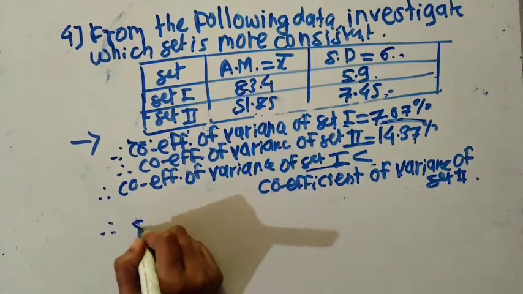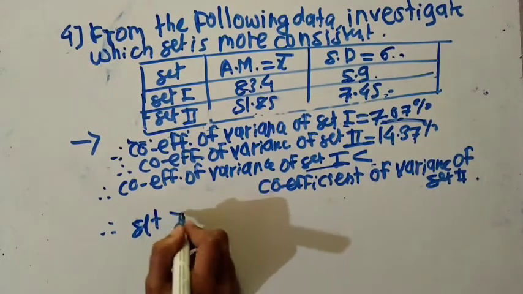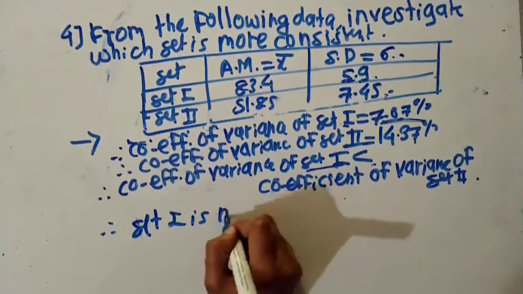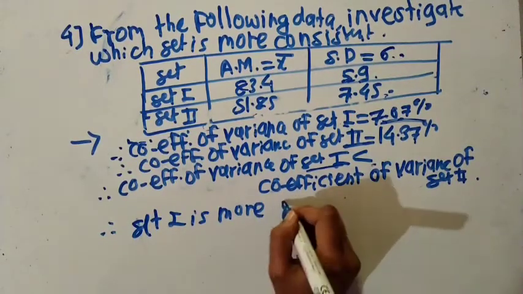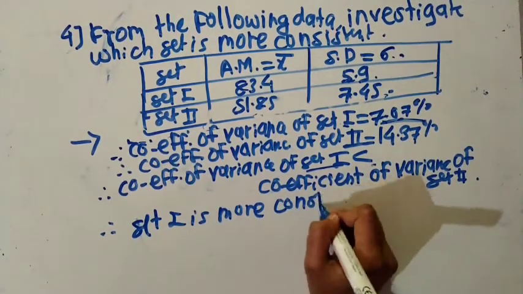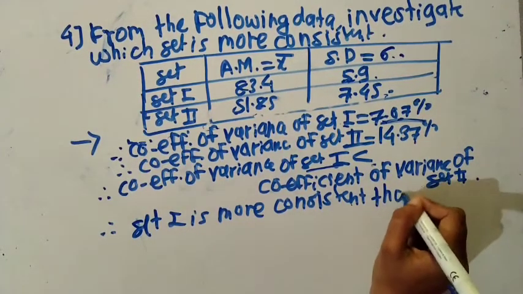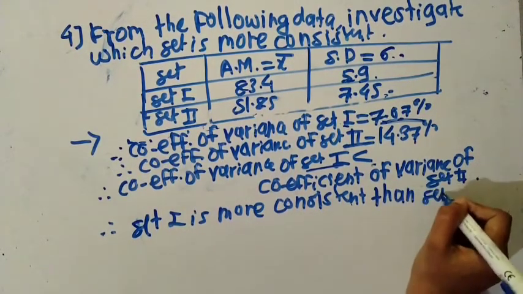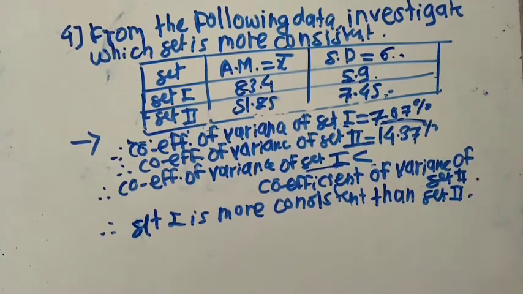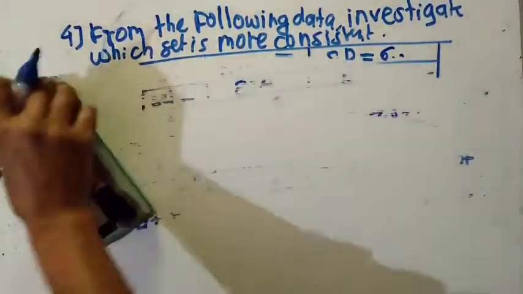Hence set 1 is more consistent than set second. Then we give the next example.